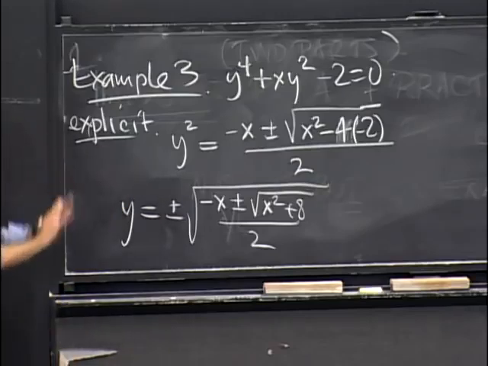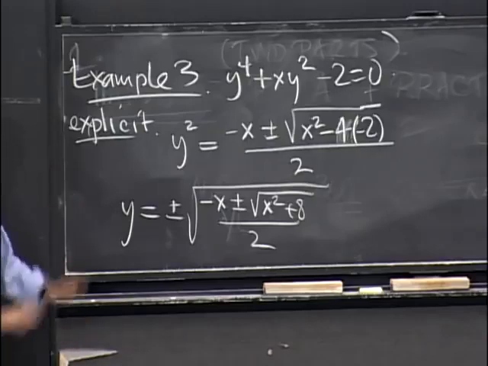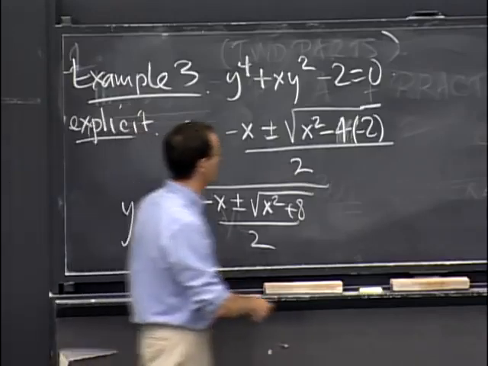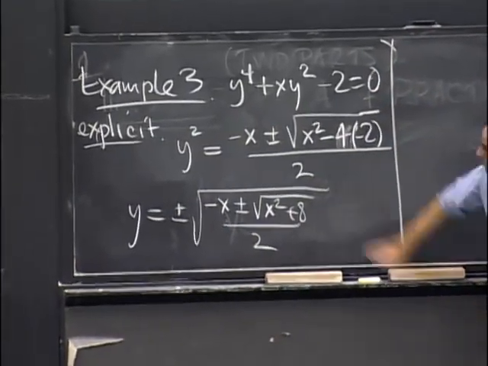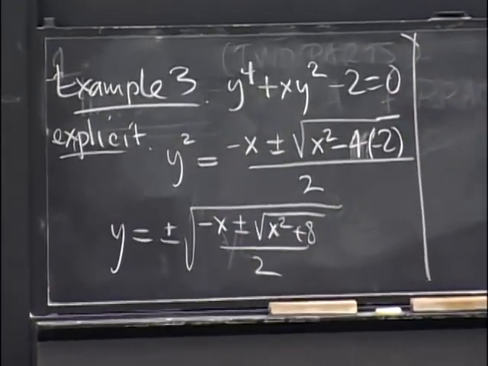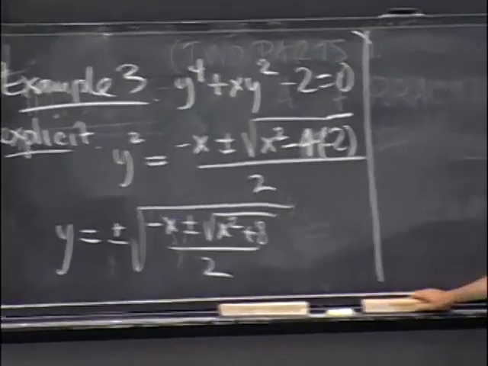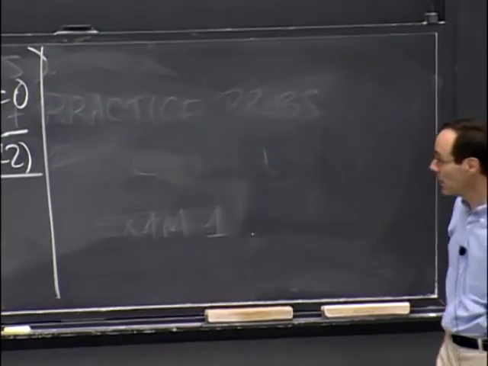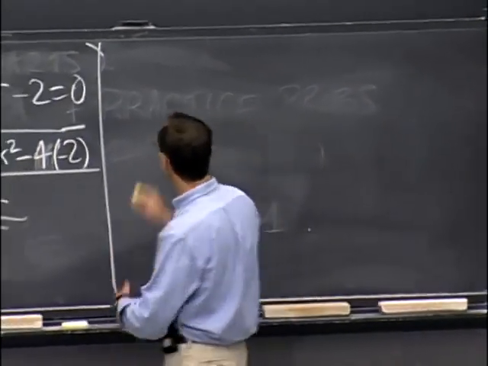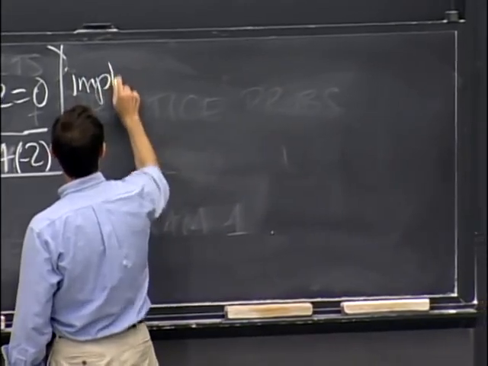And this really is that level of complexity. And in general, it's very difficult to figure out the formulas for quartic equations. But fortunately, we're never going to need those formulas. So the implicit method is far easier.